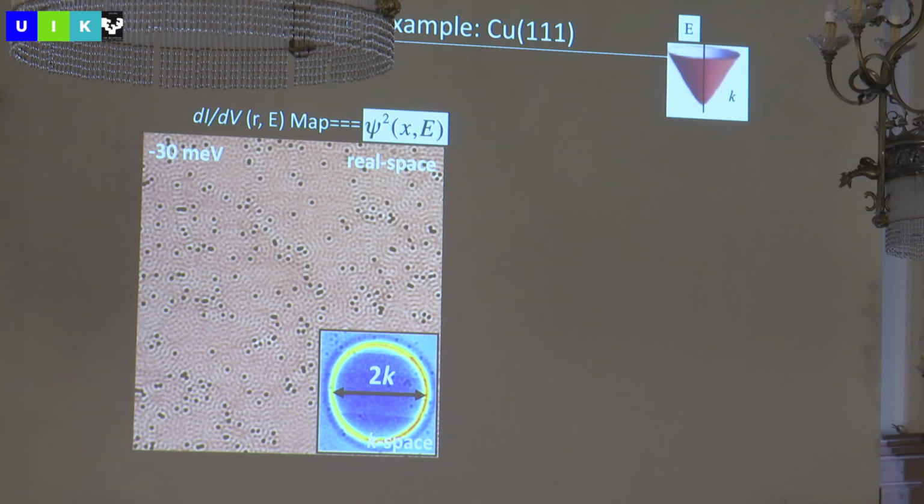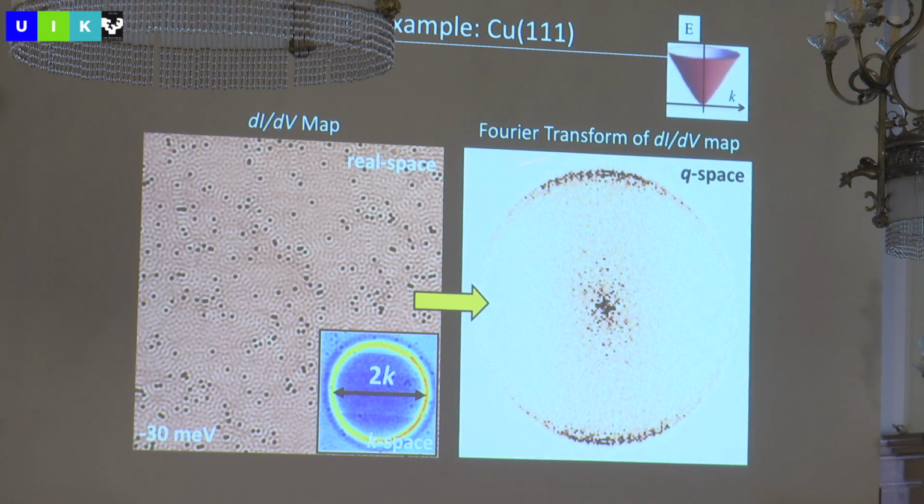And now I can take a Fourier transform of this, and it looks like this. So this Fourier transform, the radius of this is actually 2k, OK? So that means that if I take dI/dV maps as a function of energy and plot the energy versus this radius, I should get the dispersion, right?